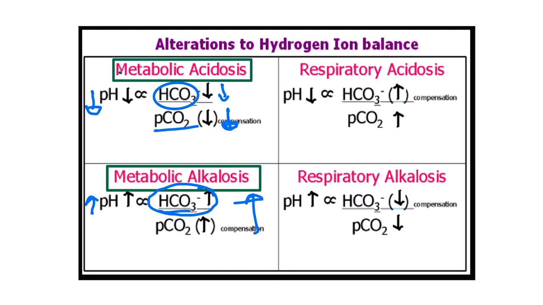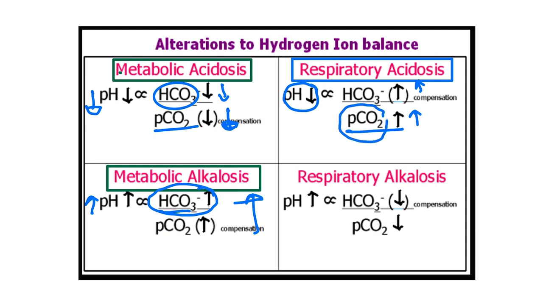Then go for respiratory acidosis. In respiratory acidosis, the pH reduces. As pH reduces, partial pressure of carbon dioxide increases and bicarbonate increases. But in case of lungs, the primary parameter is the partial pressure of carbon dioxide. So when partial pressure of carbon dioxide increases, then during compensation bicarbonate also increases. So in respiratory cause, the parameters move in different directions.